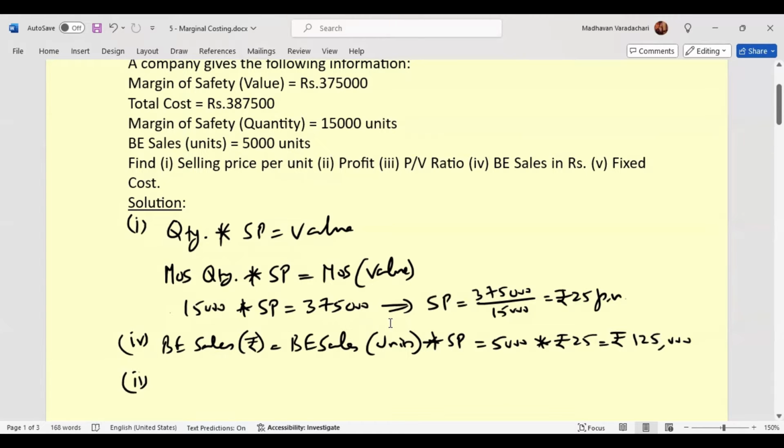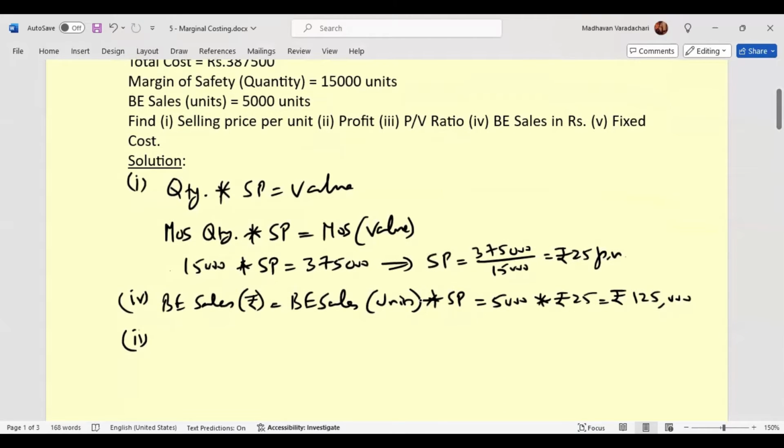We are supposed to find the profit. We know margin of safety in terms of value is equal to sales in terms of value minus the break-even point, or break-even sales.